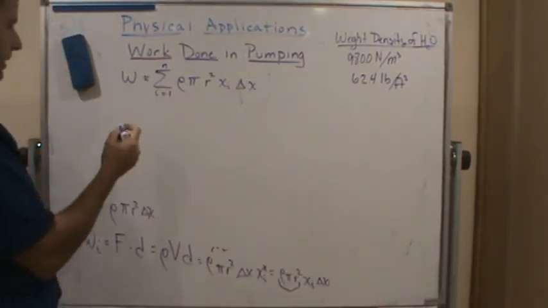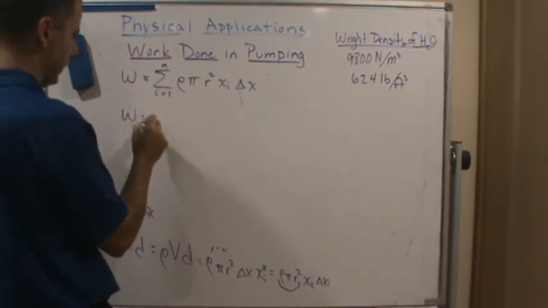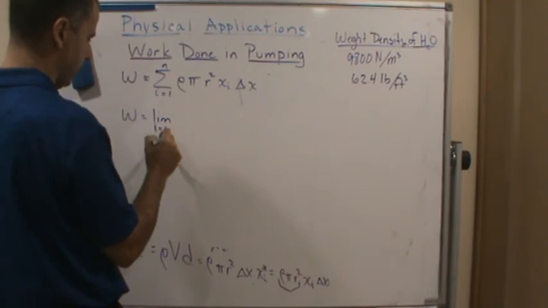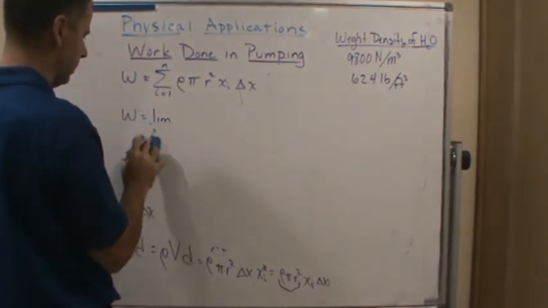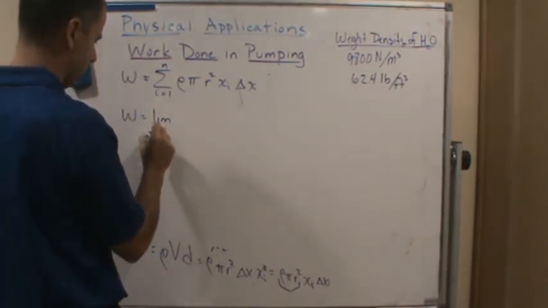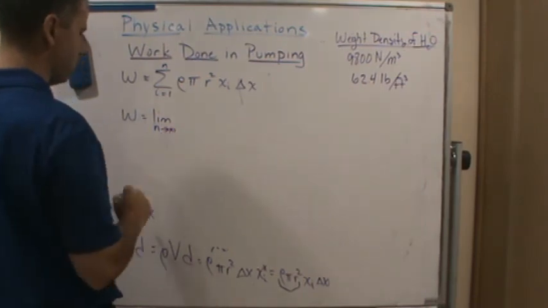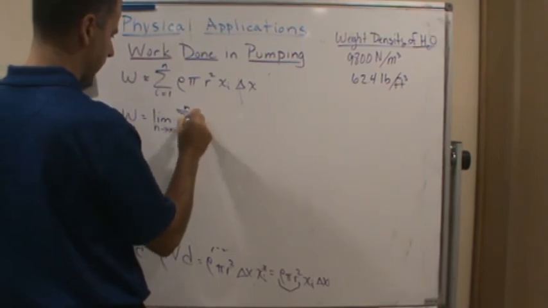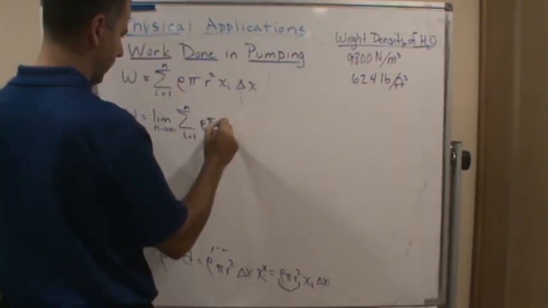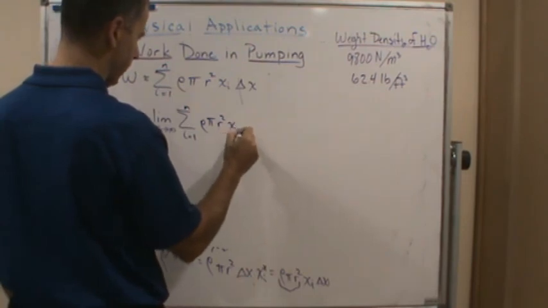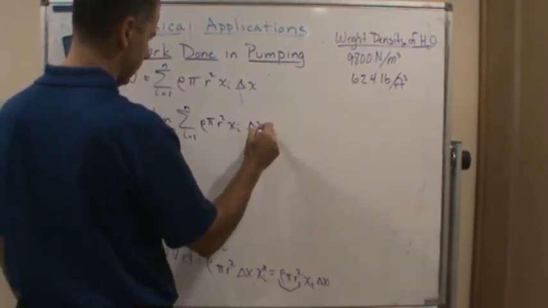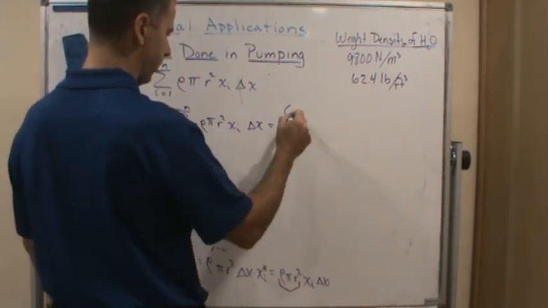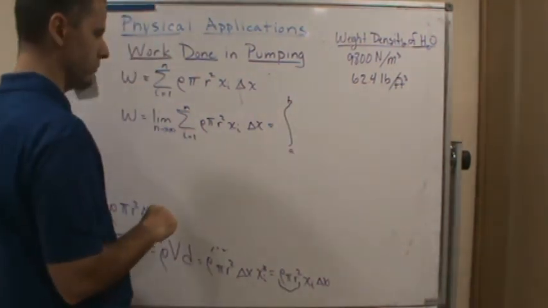So now let's take the limit. What is work equal to? It's going to be the limit as n goes to infinity of the summation as i goes from 1 to n of rho pi r squared x sub i delta x, and that gives us the integral from a to b.